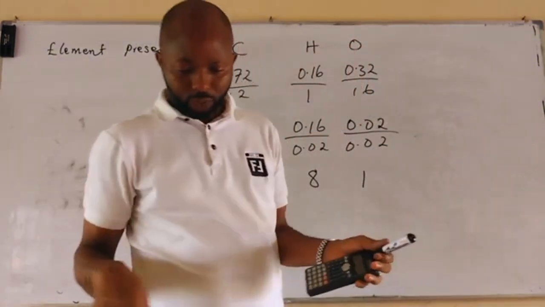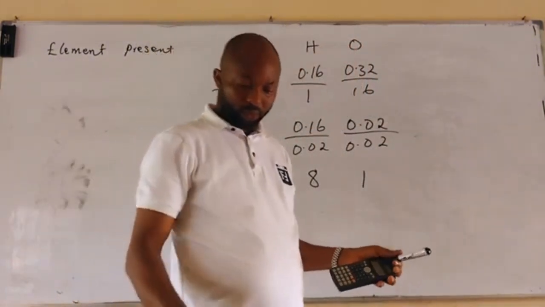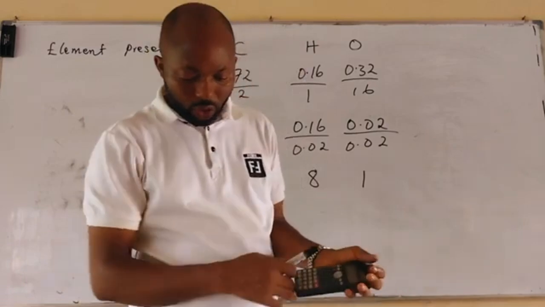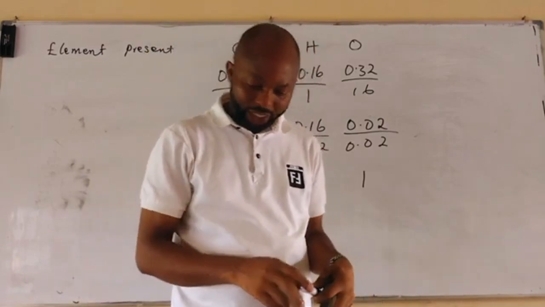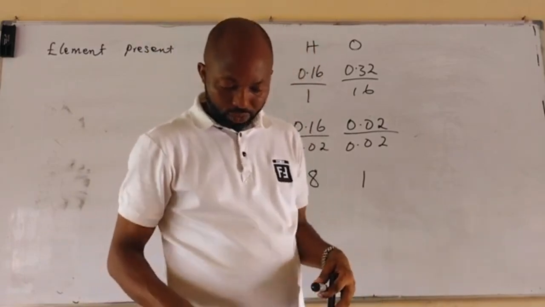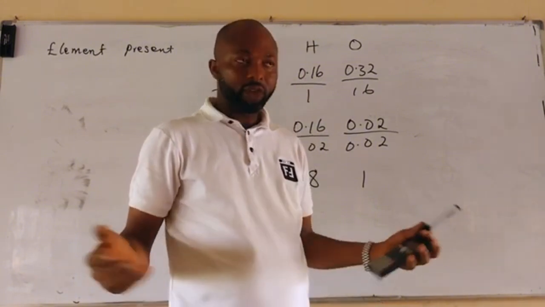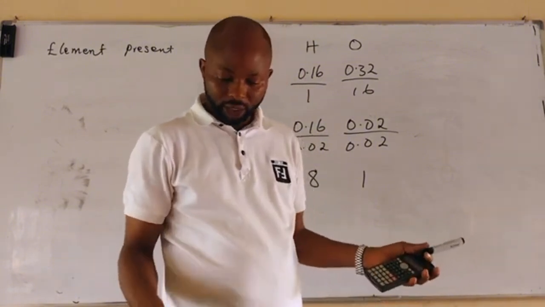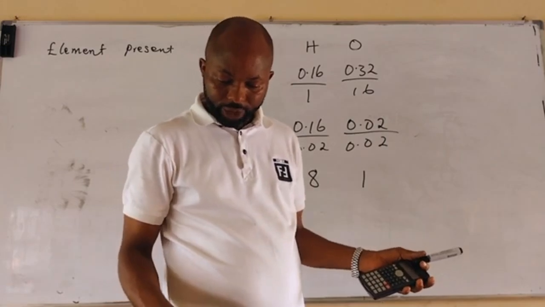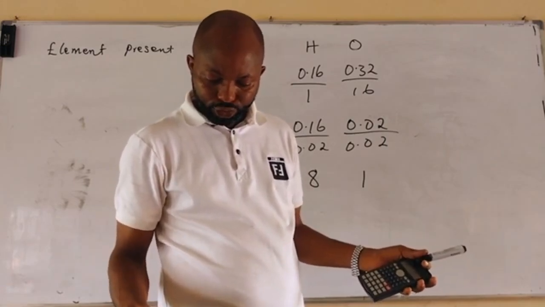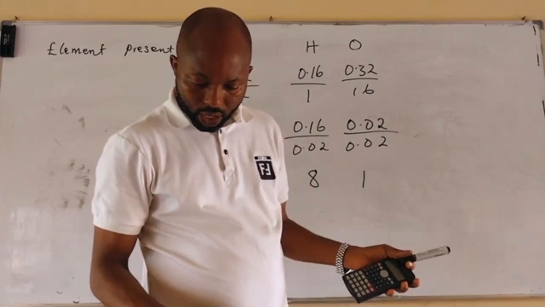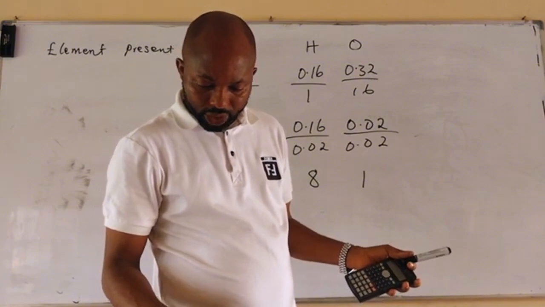So we will take one more. An oxide of nitrogen contains 30.4% of nitrogen.